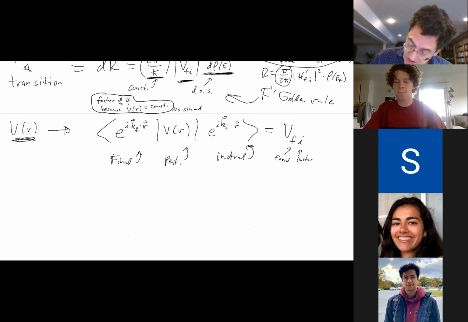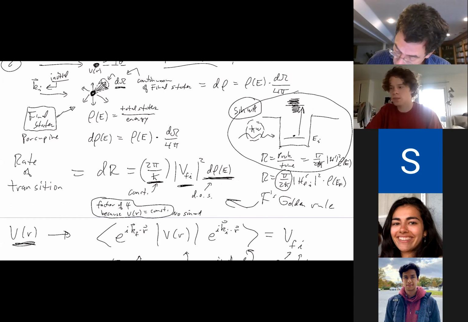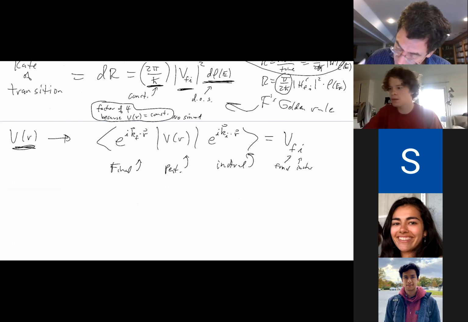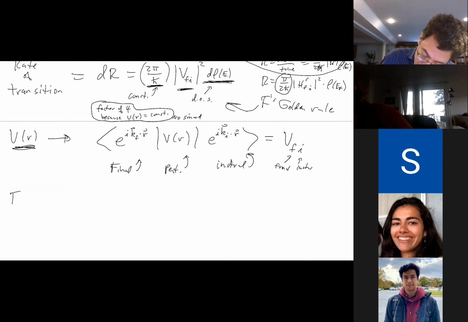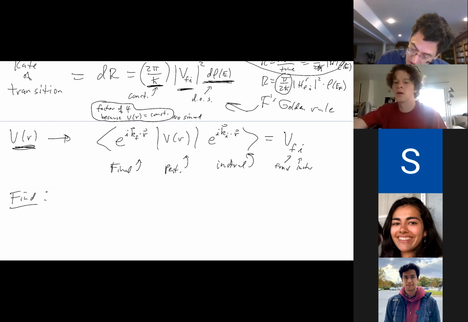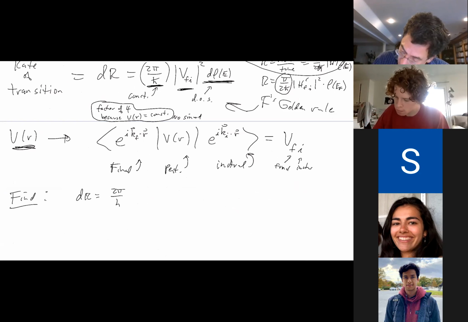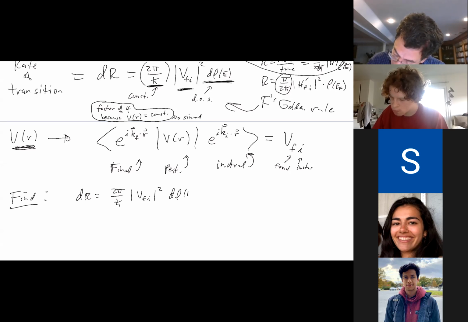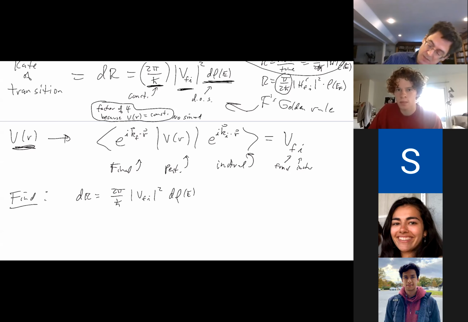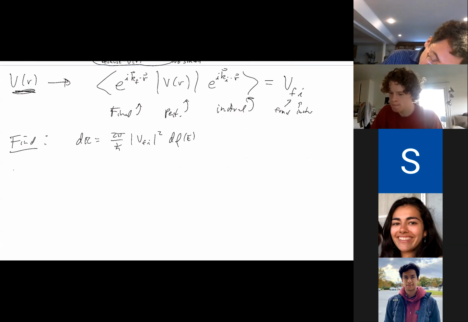And so now we have this relationship. We have dr is equal to 2 pi over h bar V_fi squared, and then we have this d rho of E. So the question then becomes, what is d rho?